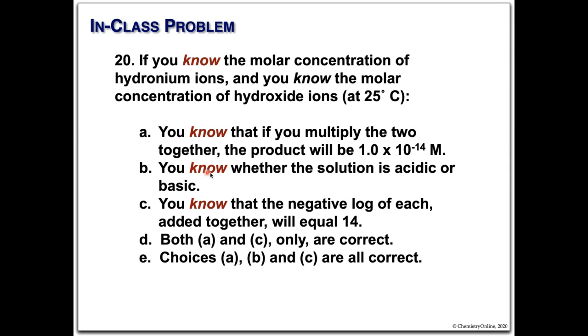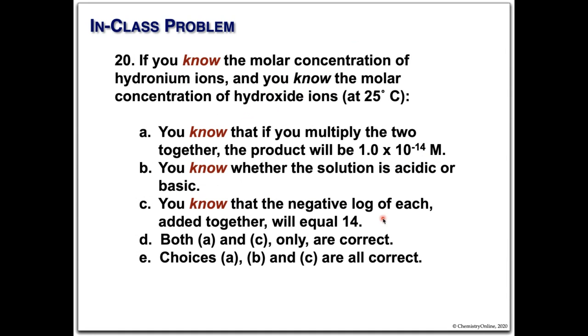If we know the concentration of hydronium and hydroxide, we know if it's acidic or basic. Again, if you have more hydronium than hydroxide, it's acidic. More hydroxide than hydronium, it's basic.